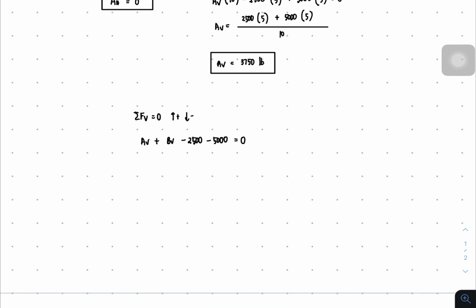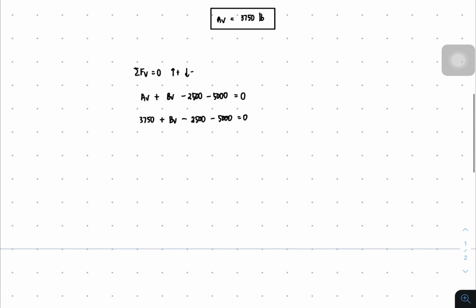Since we have AV already, let us substitute: 3750 plus BV minus 2,500 minus 5,000 equals 0. Transpose all the terms except BV to the right side, and we have negative 3750 plus 2,500 plus 5,000.